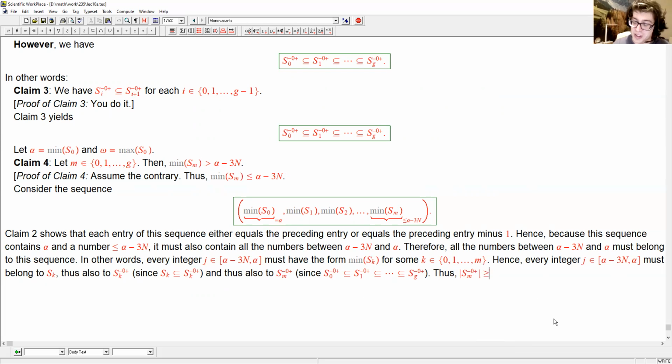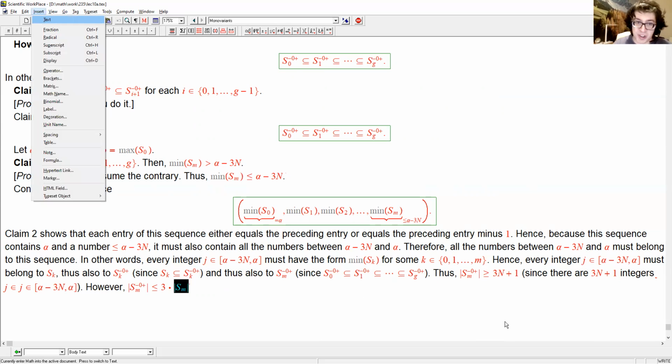So the set has at least 3n plus 1 elements, because there are 3n plus 1 integers j in this interval. However, this is just not true. The shade, as we have seen above, is at most 3 times as large as the set itself. And what is the set?